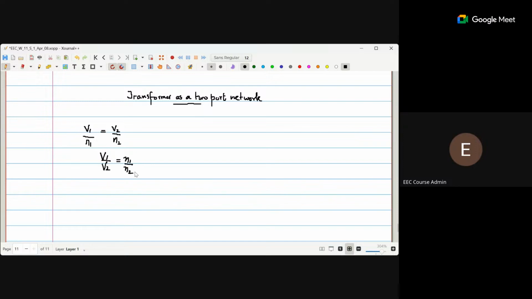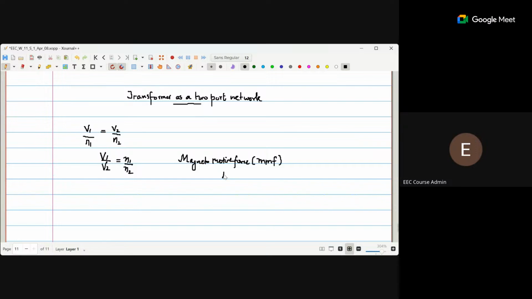Then, while discussing the magnetomotive force: if you have N turns and a current I flowing through the coil, the MMF will be N into I ampere turns. Ampere turns is the unit of MMF.